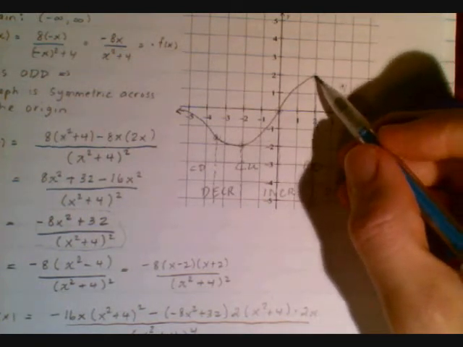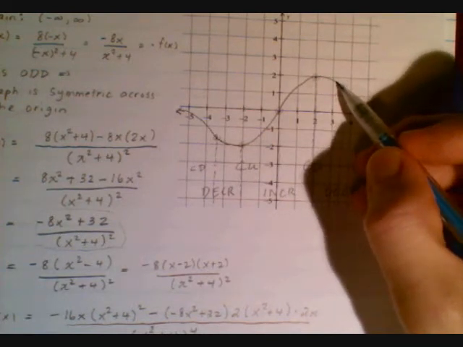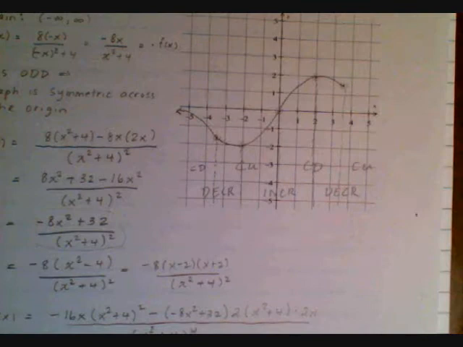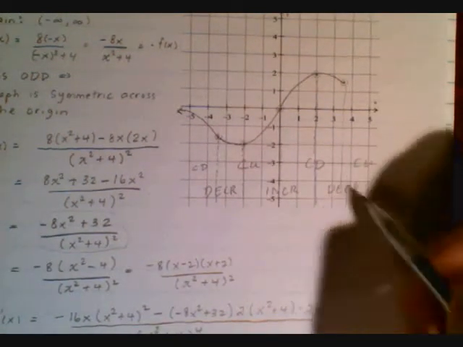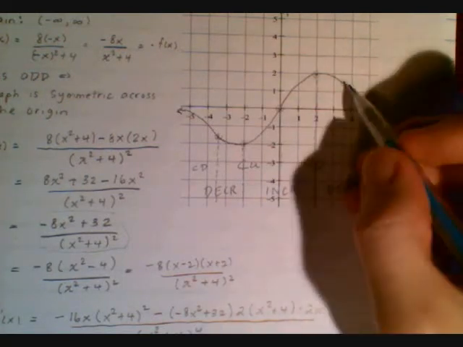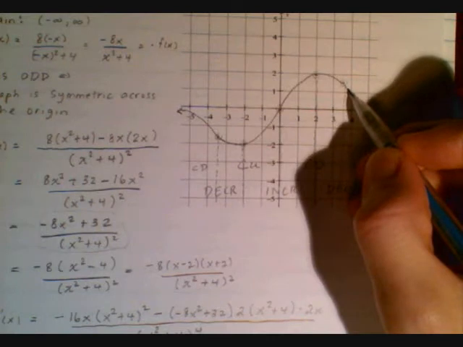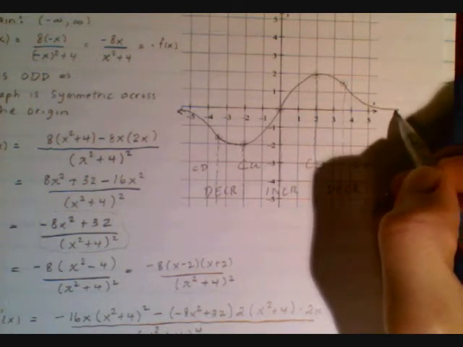Good. And from 2 square root of 3 to infinity, it's concave up and decreasing. And I want the graph to approach its horizontal asymptote, which is the x-axis. So this is what the graph looks like.